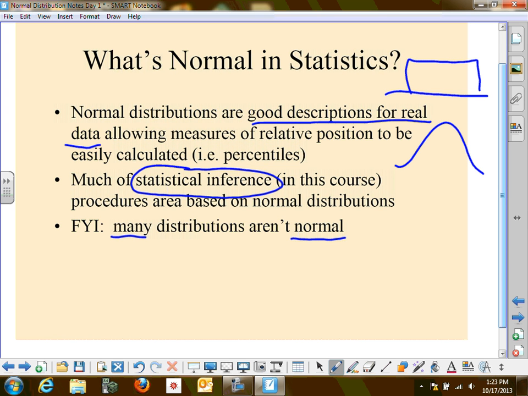The reason is we will learn skills to manipulate things that are not normal to make them normal. Additionally, tackling items that are not normal is for an upper level statistics class that requires calculus, because it's not already done for you, like the normal curve is already done for us. Therefore, we don't tackle any of the other ones.